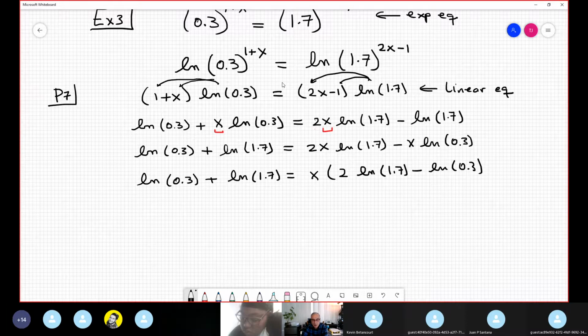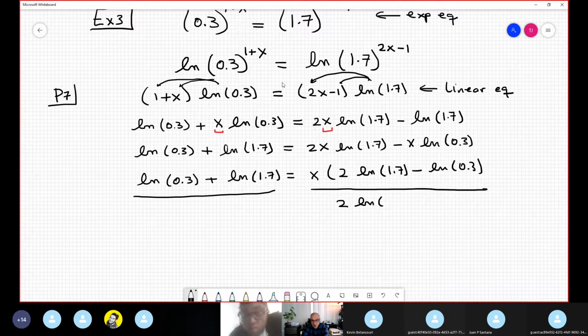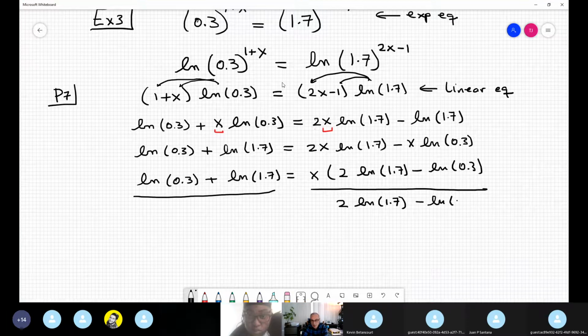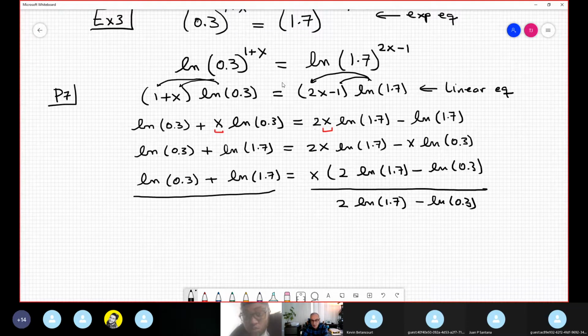Wow, now I'm going to isolate the x. You divide both sides by 2 natural logarithm of 1.7 minus natural logarithm of 0.3. Okay, so 2 natural logarithm of 1.7 minus natural logarithm of 0.3 cancels, of course.